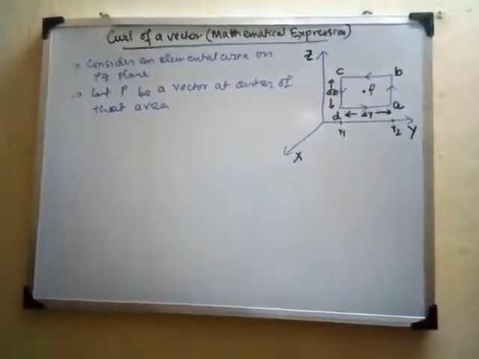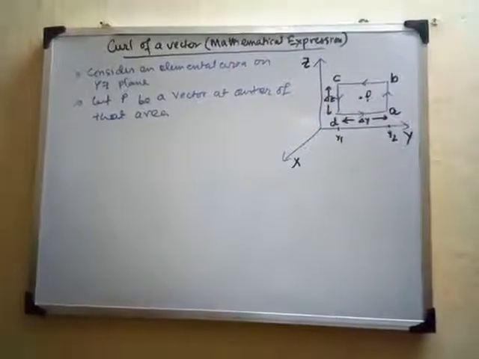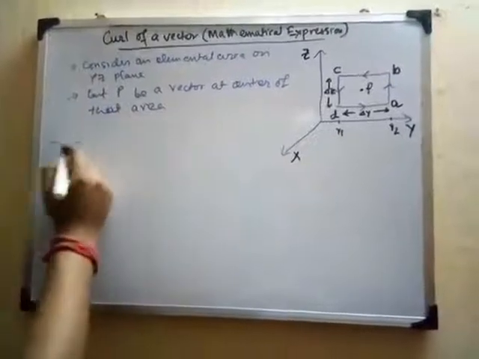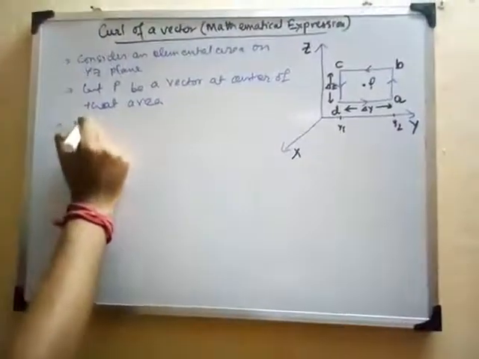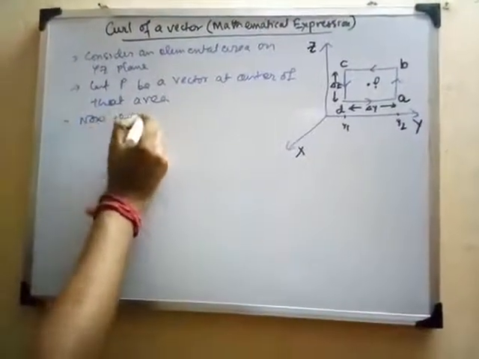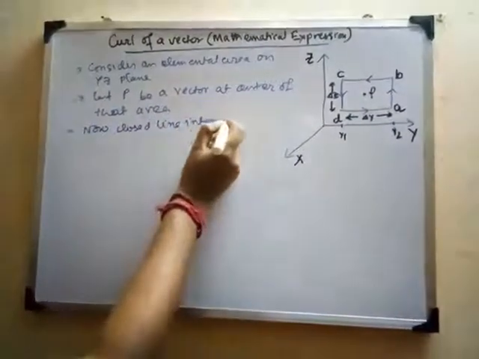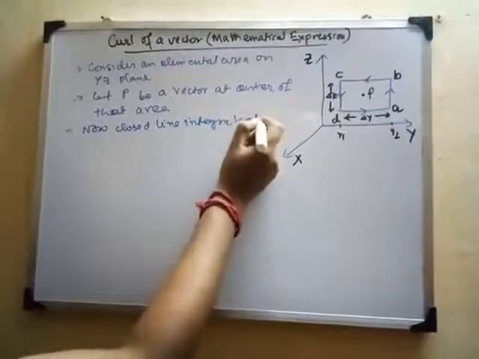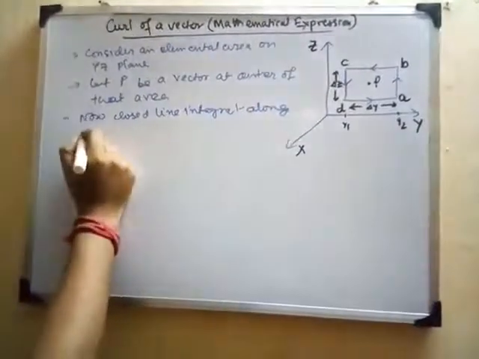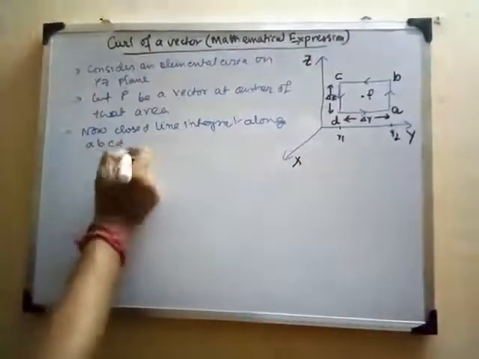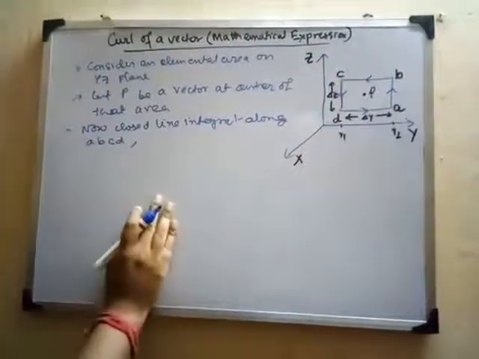Okay, so now the closed line integral along a, b, c, d, that is by this surface area.